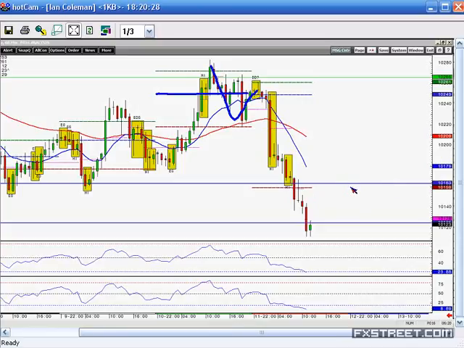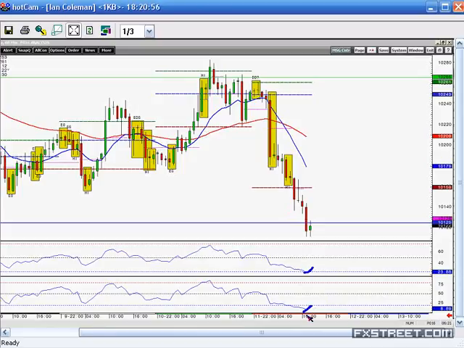We'll get rid of this horizontal line. Okay, so then, can we get any more confluence areas? We're looking at these EMAs. That's why the RSIs. RSIs are beginning to look oversold. So we know there's a good chance that we're going to get a correction pretty soon.